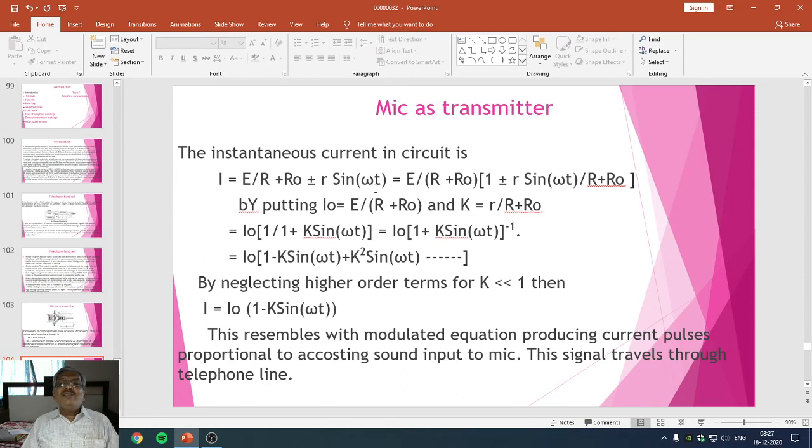Just by simplifying this equation, by taking R plus R0 common, we can get E upon R plus R0 into bracket 1 plus r sine of omega t upon R plus R0.